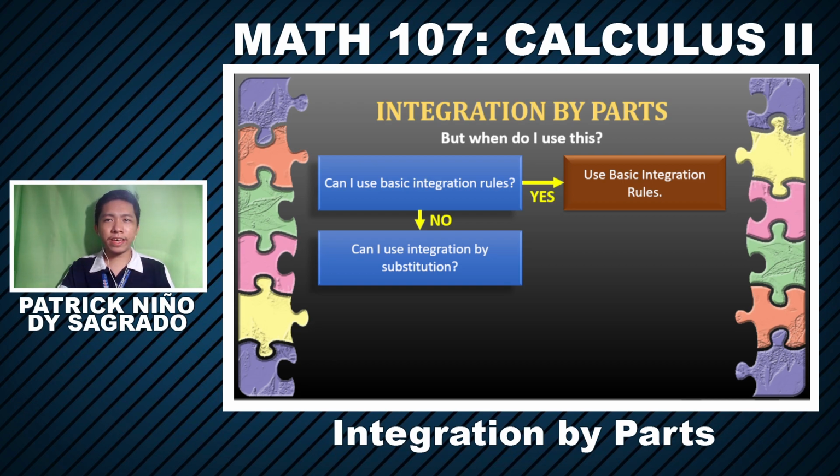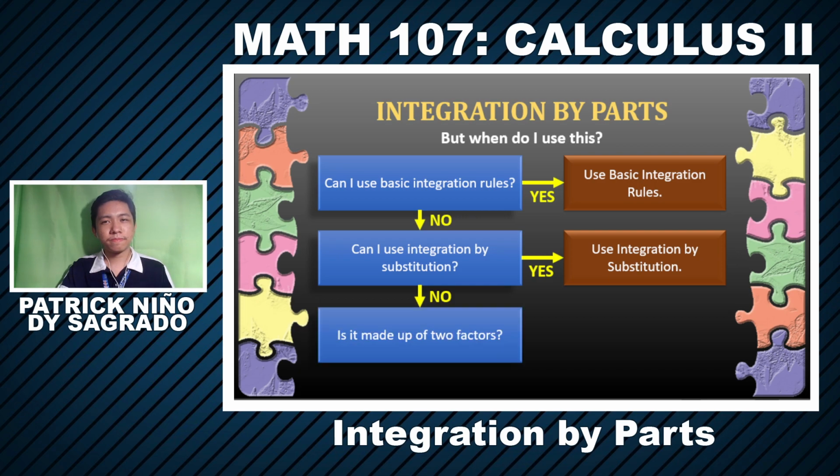If that's the case, then use integration by substitution. As simple as that. We have already known the details in using integration by substitution and what are the conditions in order to use it. But if we can't use integration by substitution, then what exactly can we do?